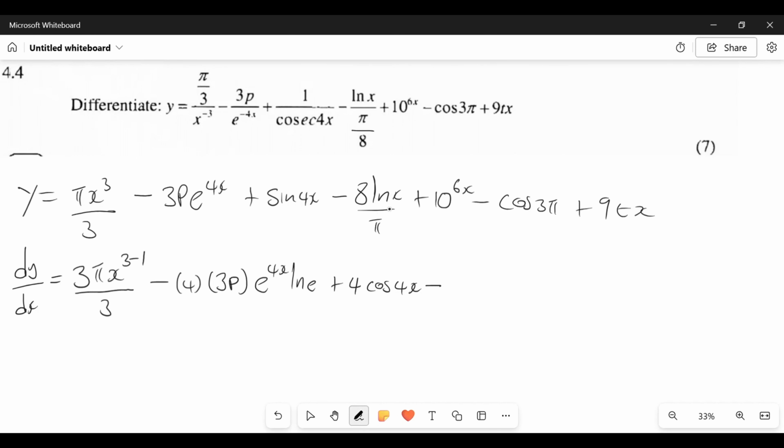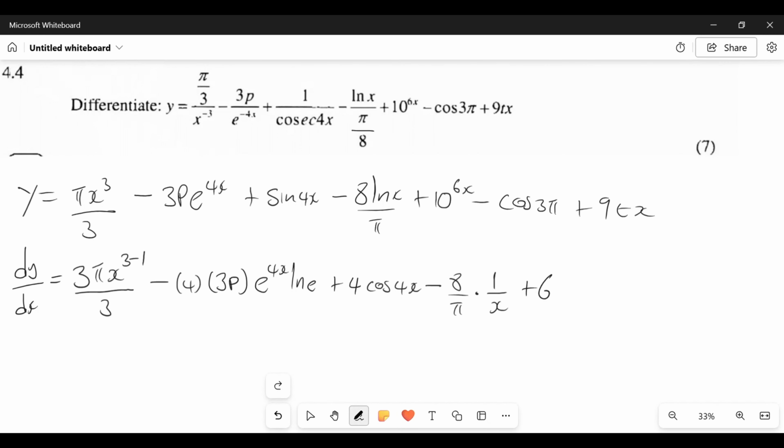Now we look at this fourth term. The fourth term here, we have 8 over pi. That is our coefficient, guys. And then we derive ln x, or natural log x. The derivative of ln is 1 over x. There we go. And then we continue there, plus, and then this term here, as you can see, our x is an exponent, so it means this is an exponential derivative.